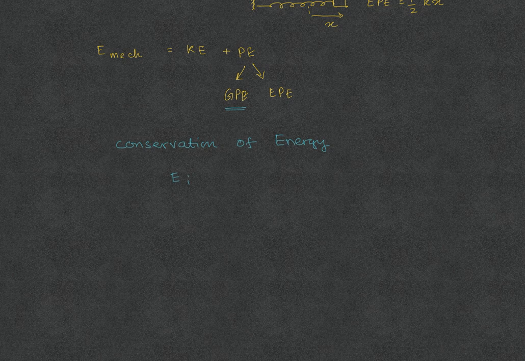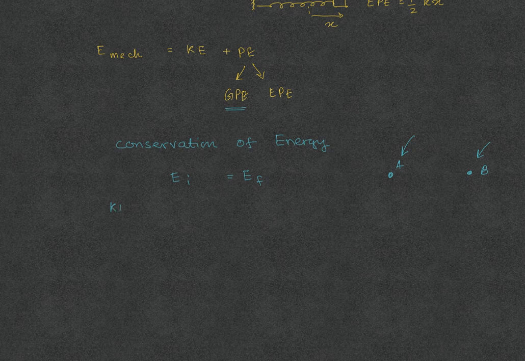So the energy initial equals energy final. Or if you are taking a point A and a point B, and as long as the system does not change, the total energy at point A of the system would be the same as the total energy of the system at point B. So you kind of get the idea, right?